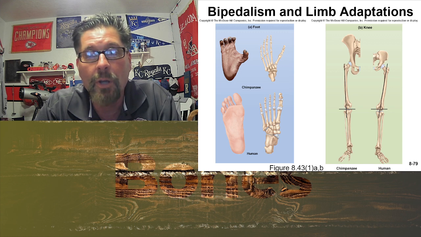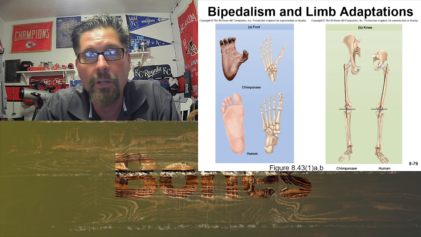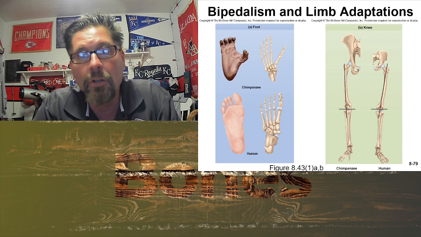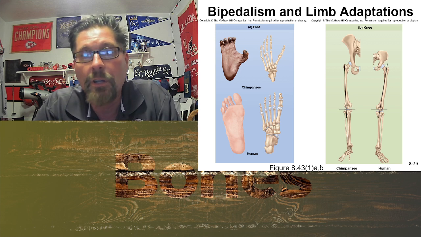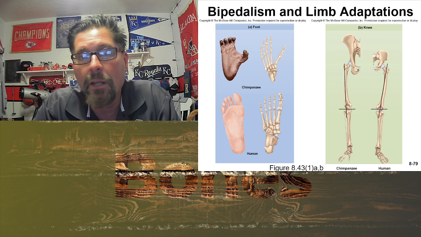Grabbing onto the branch you're sitting on, you can actually hold on. If you imagine climbing a tree as a kid and you could have held on with your feet, grabbed onto something and pushed yourself up, you'd have a better grip, and that would have made it a lot easier.